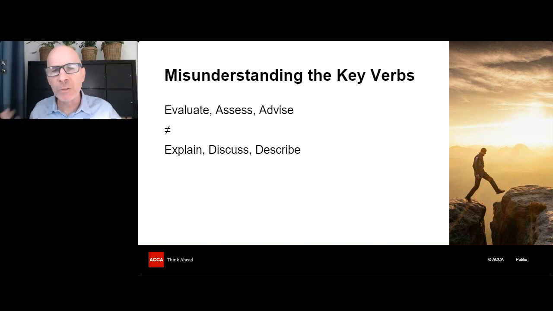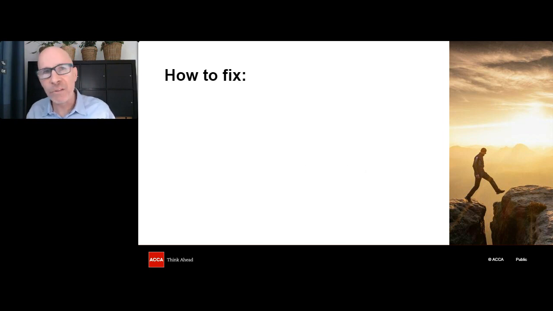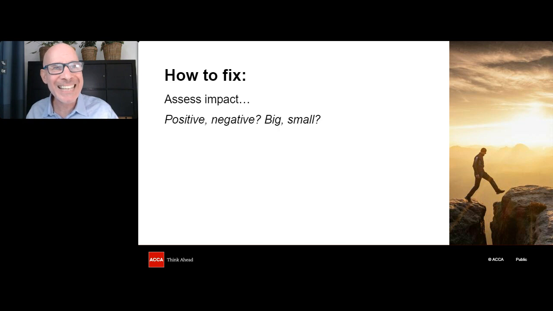Maybe you'll get 1 or 2 marks for explaining what activity-based costing is, but you will definitely not cross the pass mark. You got to express judgment in your answer. And the way to fix this, when they're asking you to assess the impact, okay, on the organization of moving to the balanced scorecard.